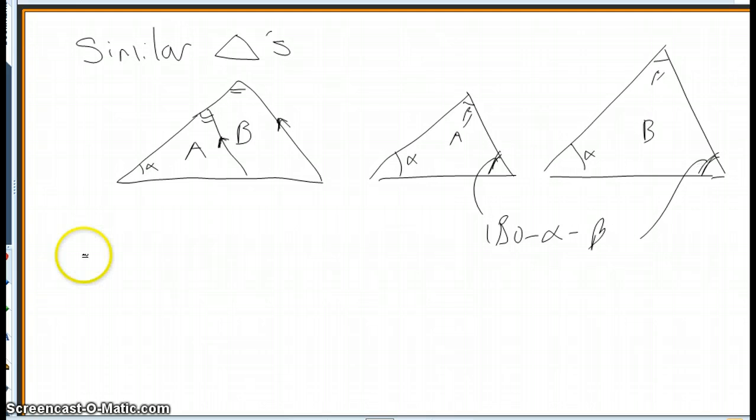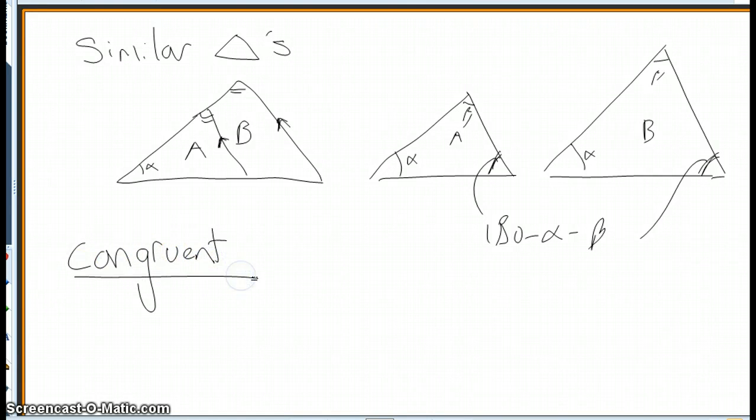There's another word that you may or may not have heard. I'm going to spell it correctly: C-O-N. It says congruent. What does it mean?